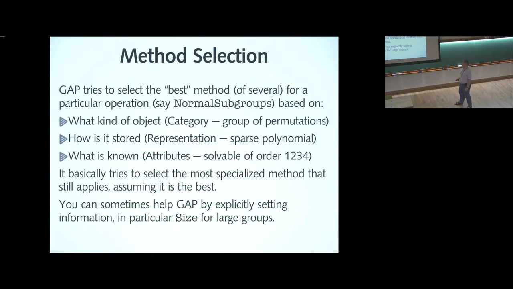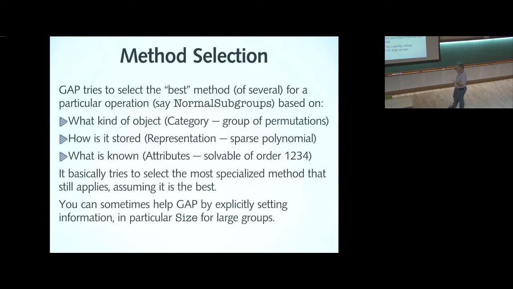It also depends on how things are stored. For example, for polynomials, there are different representations, and something could be stored in a sparse form, so a different multiplication routine would need to be used. And also, what is known about an object. If you know that a group is finite, suddenly certain things become available for that group which otherwise are not.